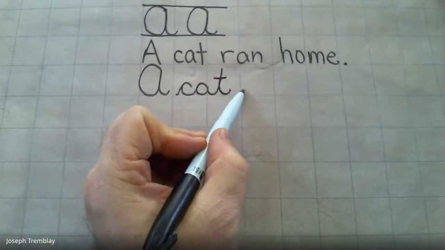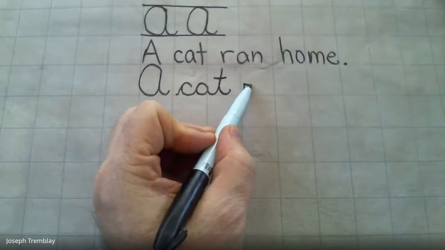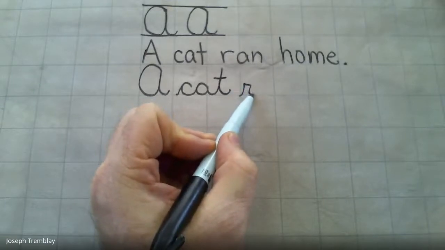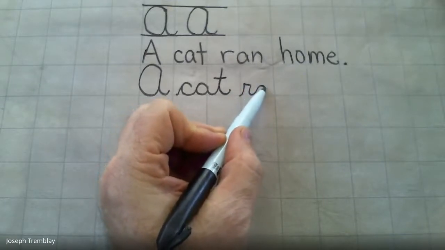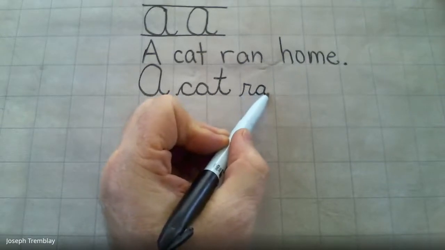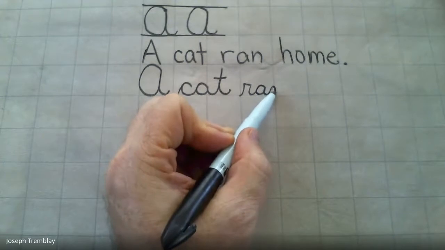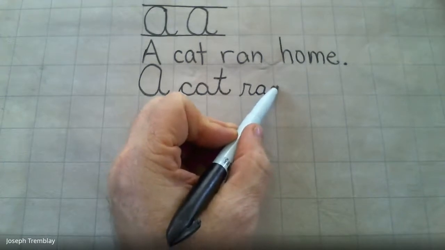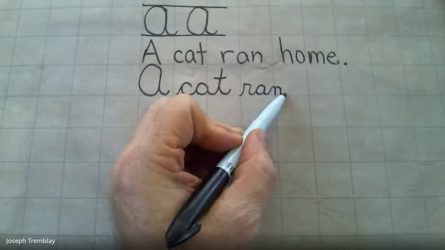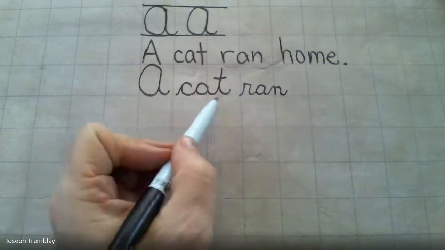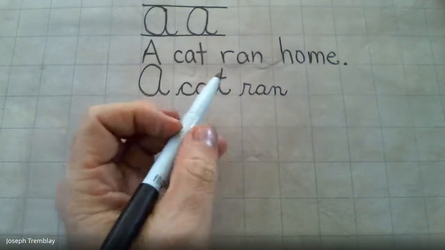Start on the ground, go upstairs, slant in my R, come down to the ground, go upstairs, over the hill, come back around and touch, come back down to the ground, go upstairs, come straight down, go back upstairs, come down to the ground and swoop out. A cat ran.